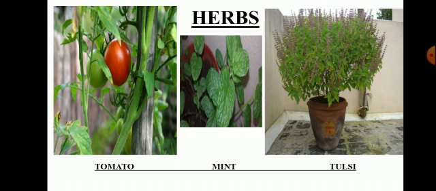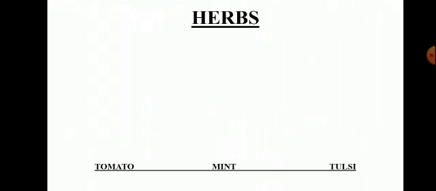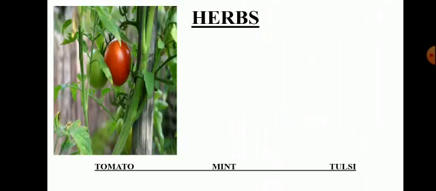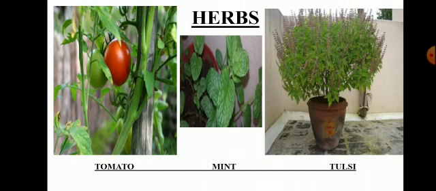The first one, herbs. Herbs are plants that have green and frail stems. Usually these are small plants with not many branches. They have a soft, green and weak stem. For example, rice, wheat, maize, sunflower, mint, tomato, tulasi.